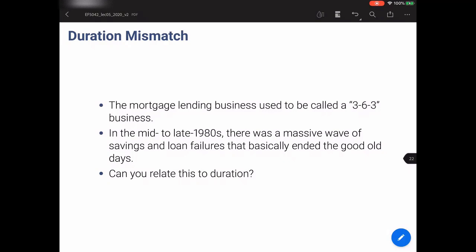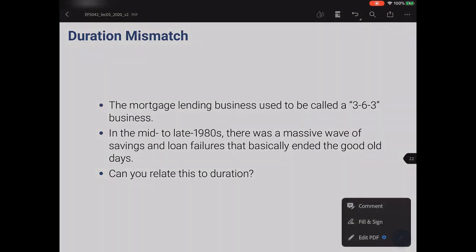But what happened during the mid and late 1980s was that there was rampant inflation. And what the Fed did in response to inflation, the Federal Reserve, or the Central Bank of the US, is that they increased interest rates from 9.5% to 12%. So there was massive interest rate risk.